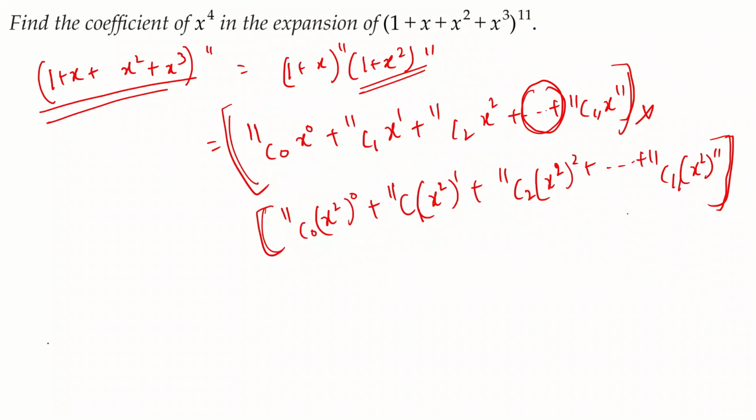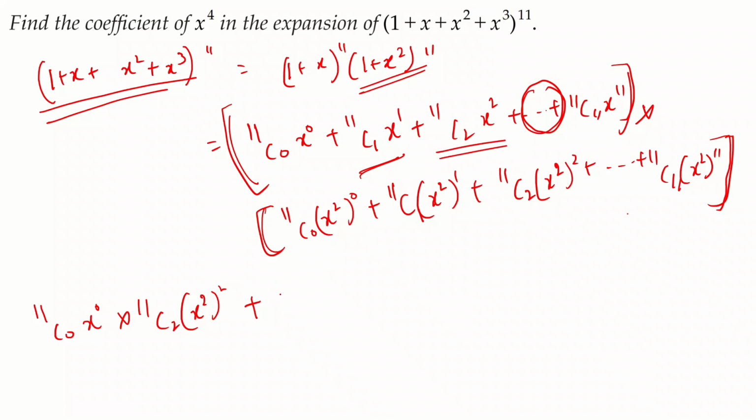Okay, so the terms containing x to the power of 4 will be 11c0 x to the power of 0 into 11c2 (x square) the whole square. This term contains x to the power of 4, then this doesn't contain.